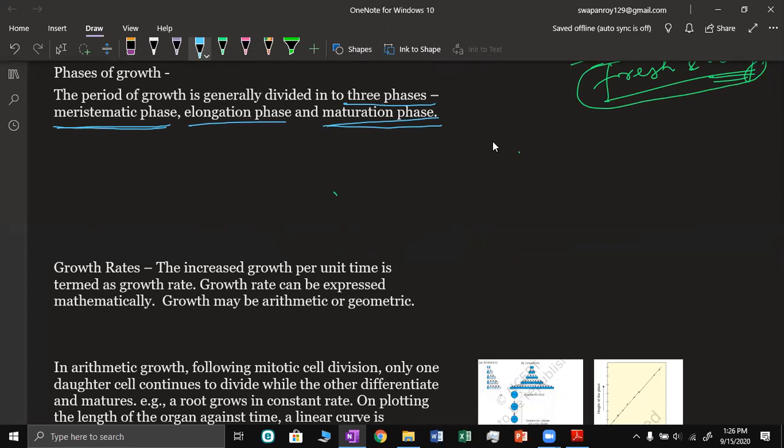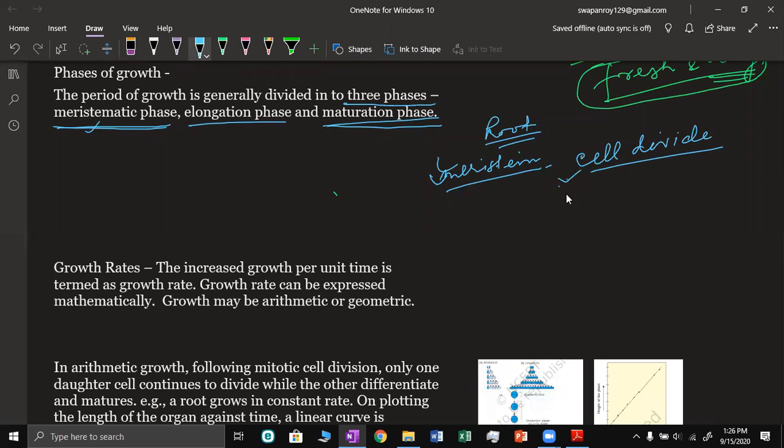If we see a growing root, at the tip of the root there is meristem. In this phase, meristematic cells divide and increase the number of cells. This is the meristematic phase.